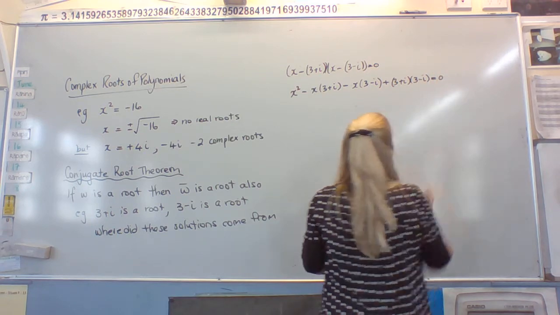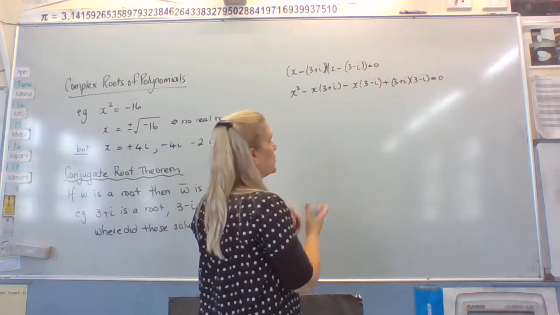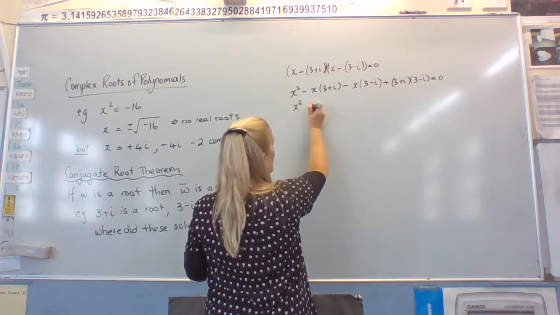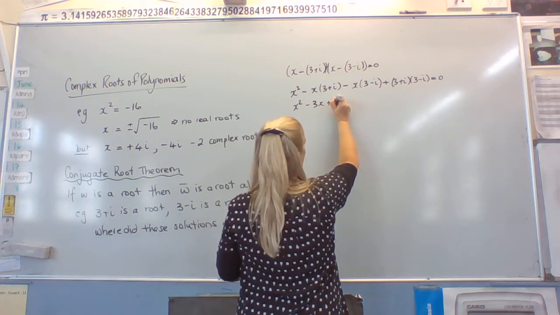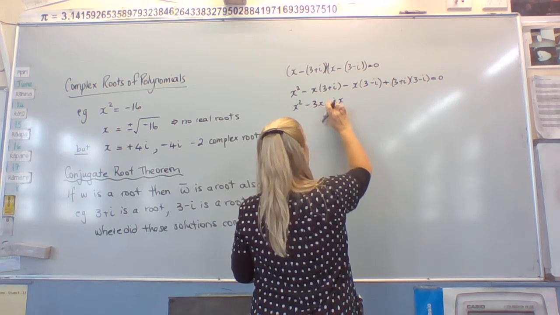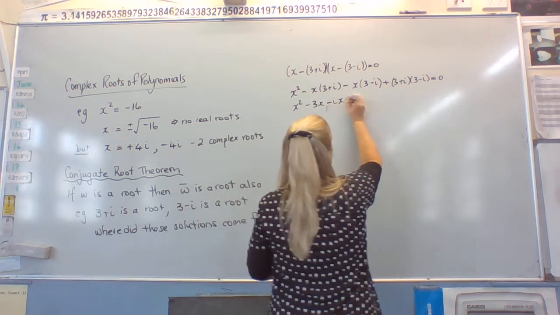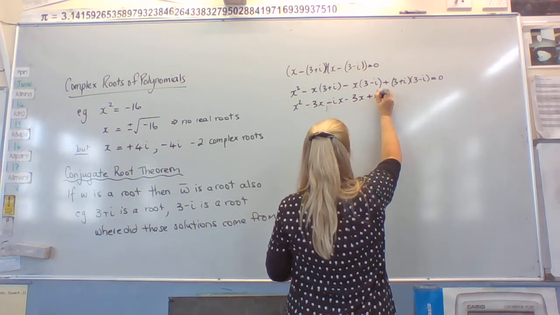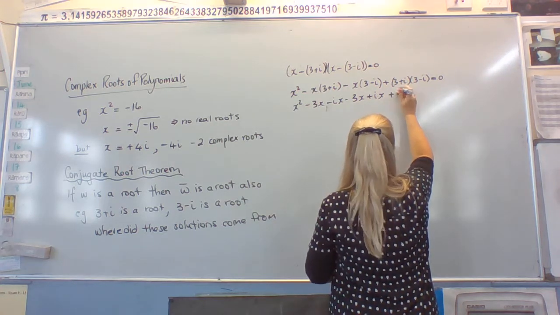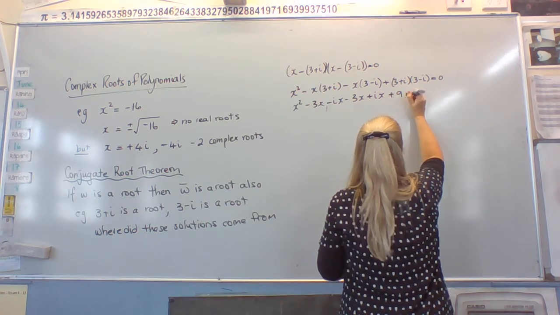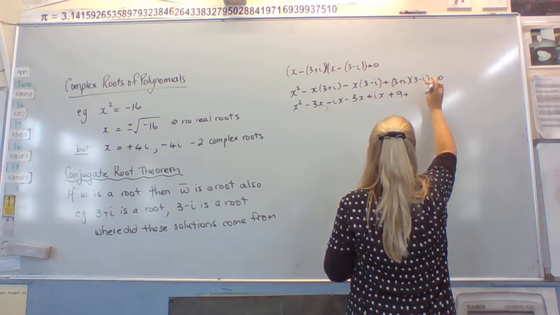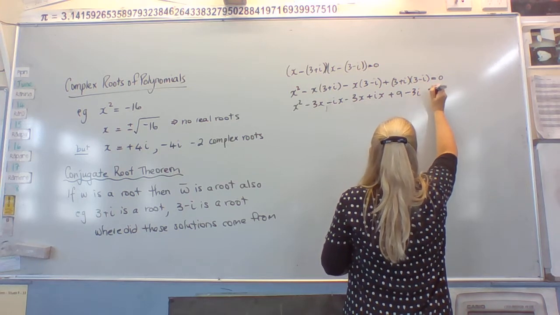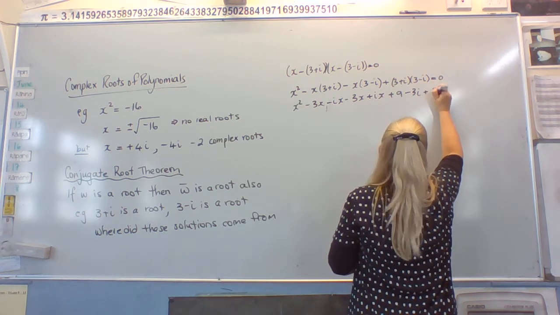That's really complicated, but what we're trying to find is the quadratic that produced these roots. This part gives us x squared minus 3x minus ix, minus 3x plus ix, plus 3 times 3 is 9, plus 3 times negative i is minus 3i, plus 3i.